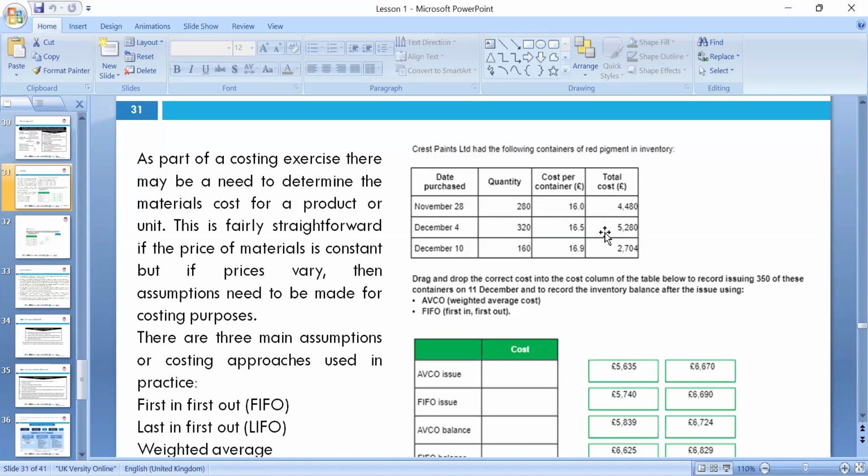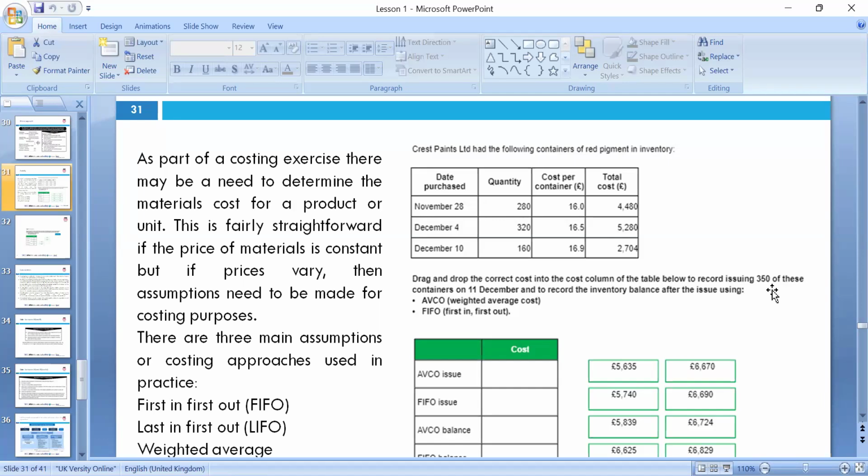Now find first in, first out and last in, first out. On 11th December, we issued 350 units, and we record the inventory balance after the issue.